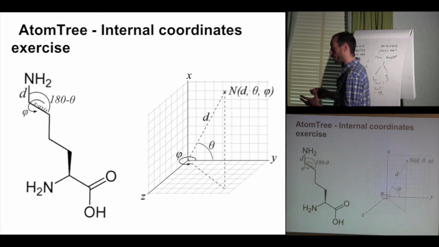To generate where your position is, you need the 3 things in the spherical coordinates. You need the distance from the origin to this atom n. You need theta, which is going to be the angle between the y-axis and, it's going to be this angle here. And this is somewhere in the xy plane.